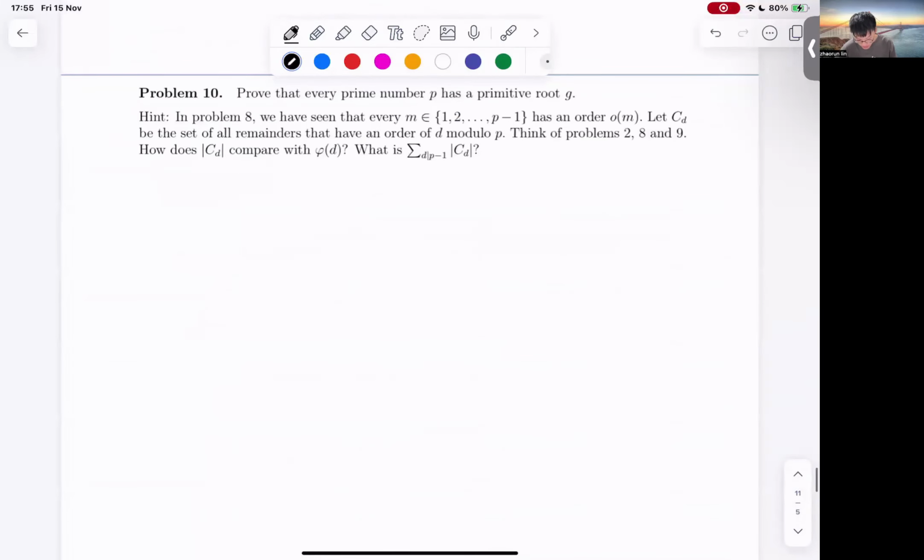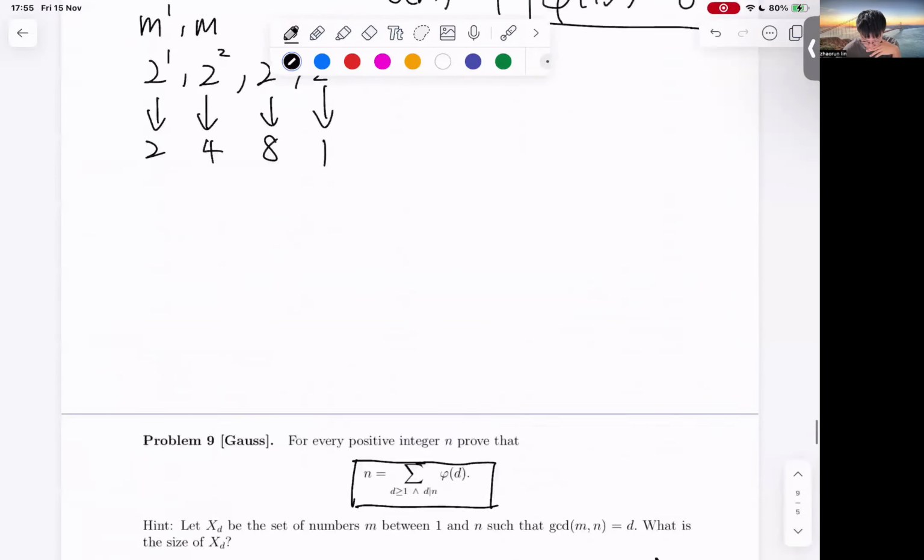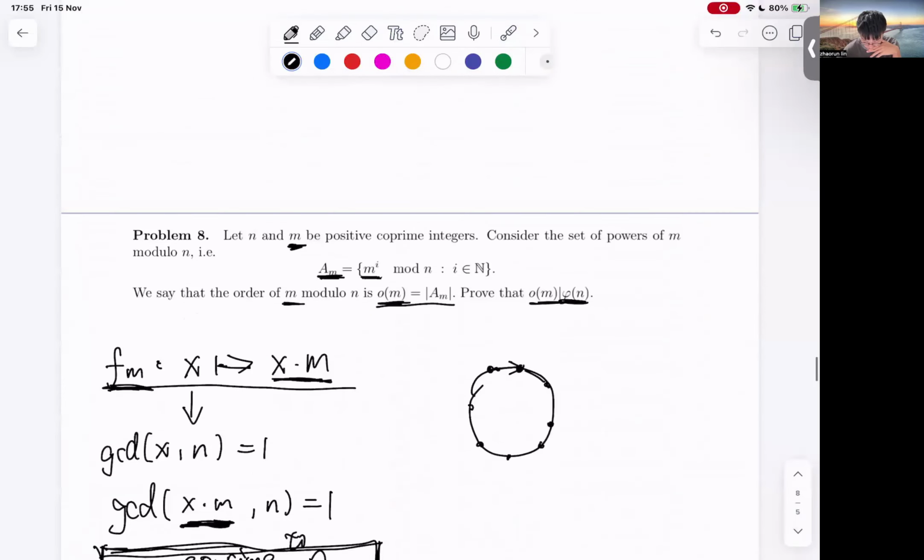So problem 10. We need to prove that every prime number p has a primitive root g. So every prime has a primitive root. In problem 8, we proved that if n and m are co-prime... So now we are considering this prime number p, right?